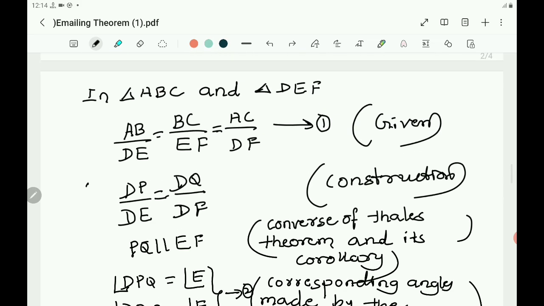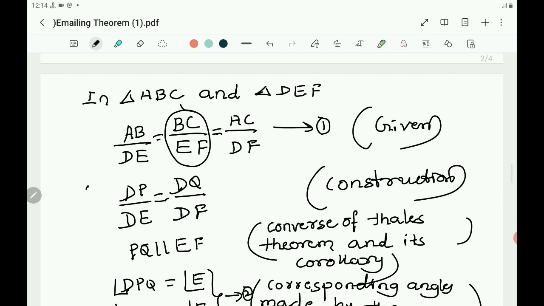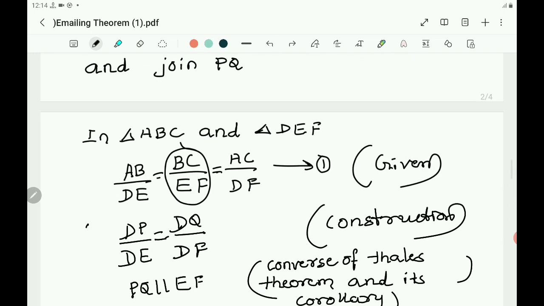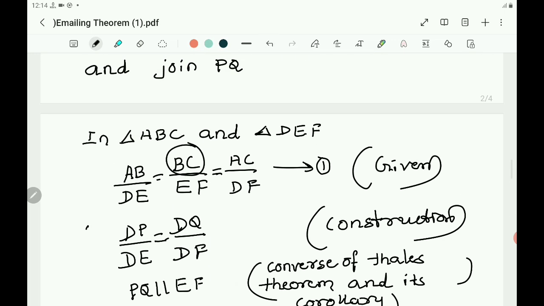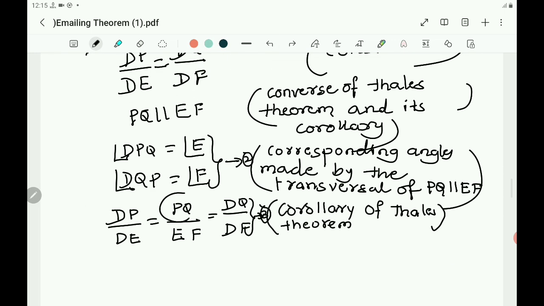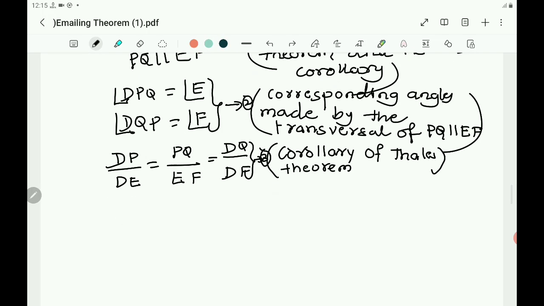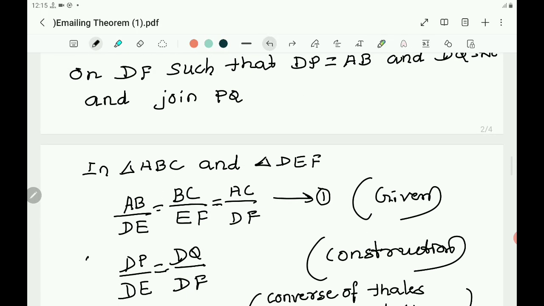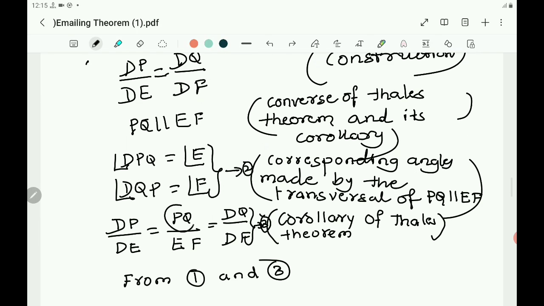Then the middle must be BC by EF must be equals to PQ by EF. Then you will get BC is equals to PQ. So you write directly from first and third, what are equals? BC is equals to PQ.